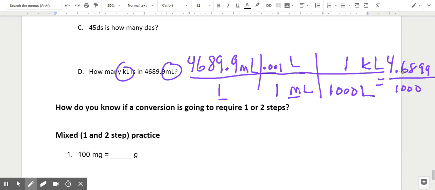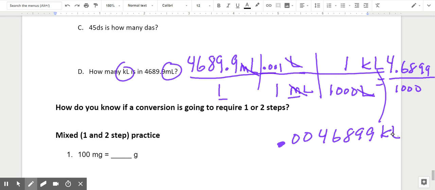When you divide 4.6899 by 1,000, you get 0.0046899. Milliliters are canceled. Liters are canceled. Our unit is kiloliters.